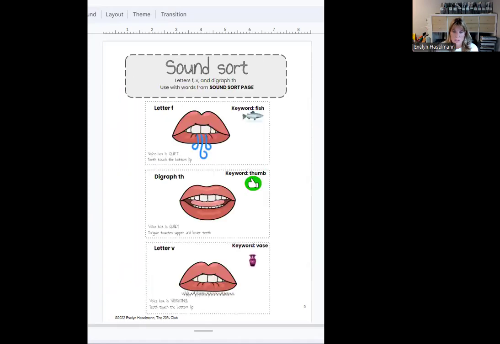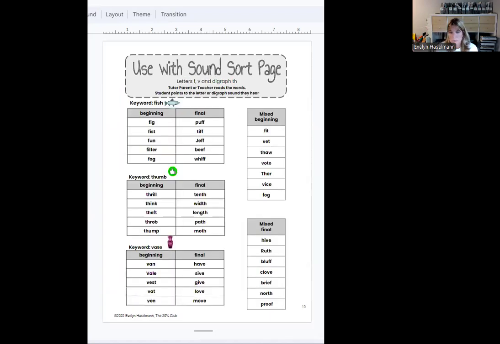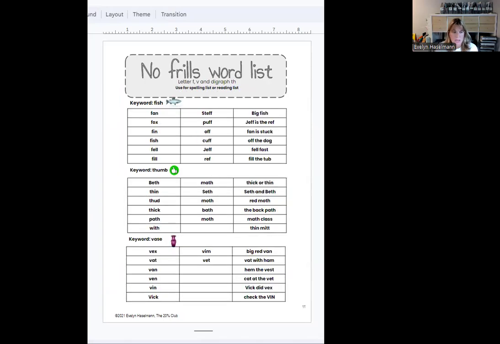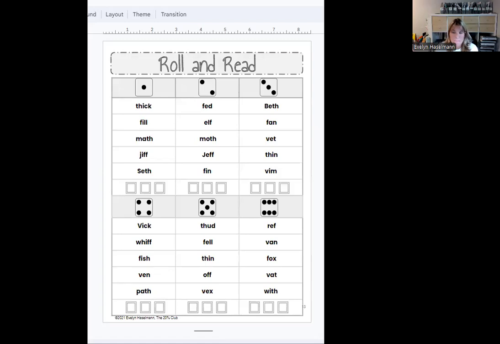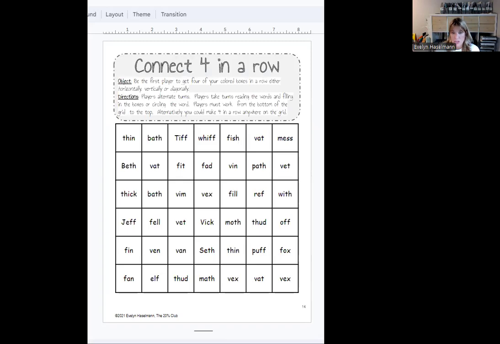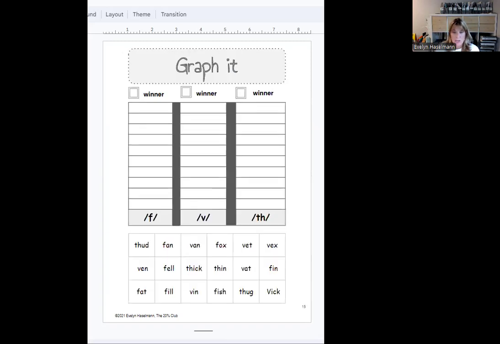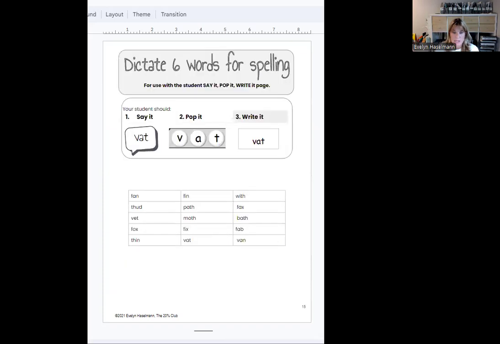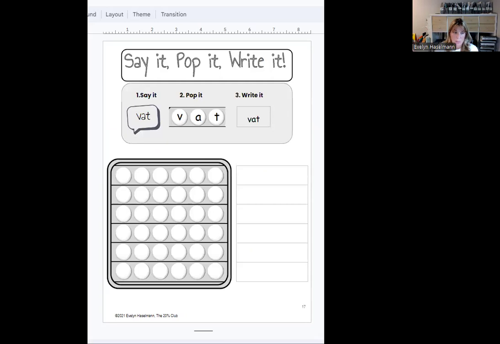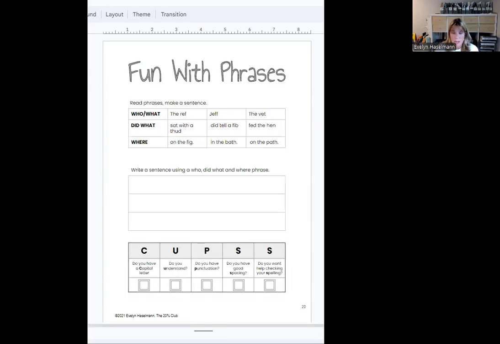This is, again, all things that the student or the teacher or the tutor reads. I guess this would align closer to a level 2 book. So if your student is still struggling in level 2 with the F, the TH, and the V, I've got this tricky sounds packet that you can use. It does have a lot of games, which might help reinforce the F, the TH, and the V.